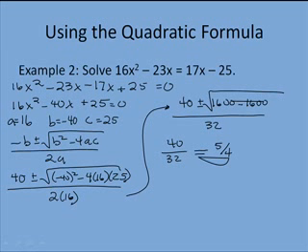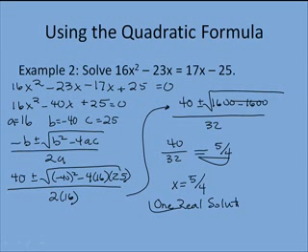So our solution is x equals 5/4. Using the quadratic formula for this equation produced one real solution, whereas in our last example, we had two real solutions. This one only produced one real solution.